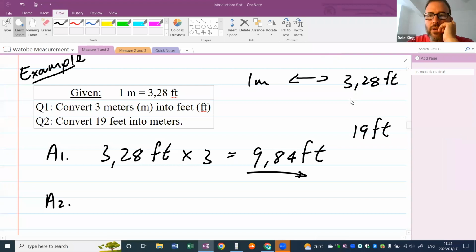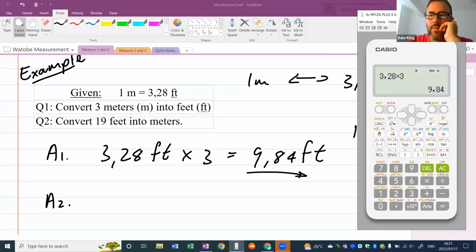Okay, to find that number, I can say 19 divided by 3.28. And it gives me this number here. Whoa, it's a long number. 5.79268229. It's got lots of decimals. That's fine.